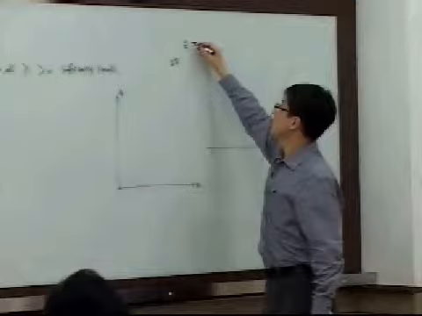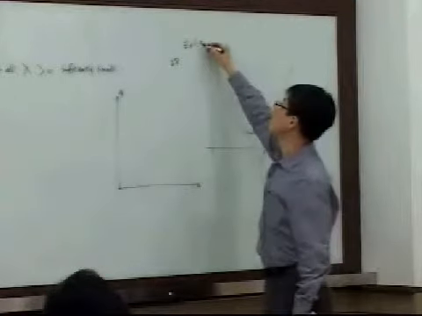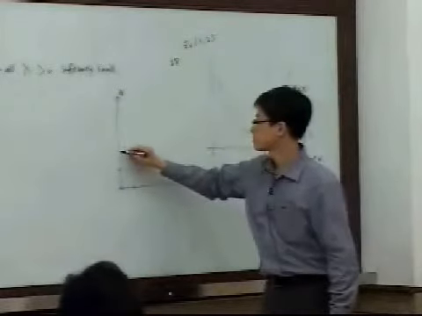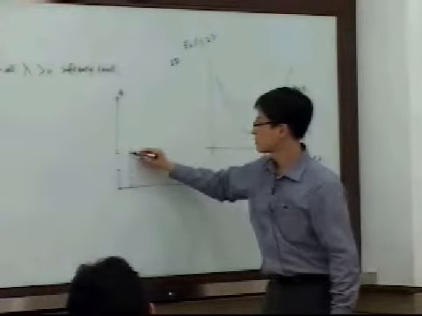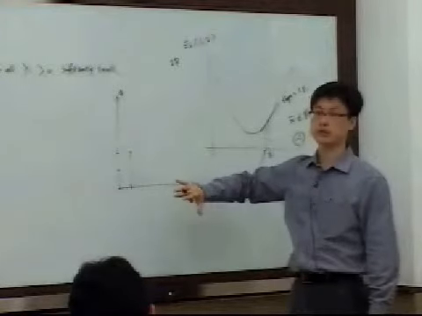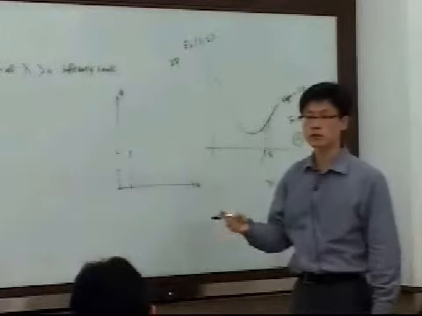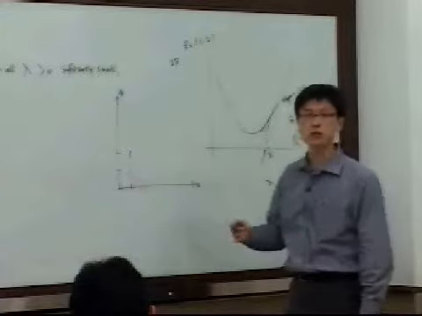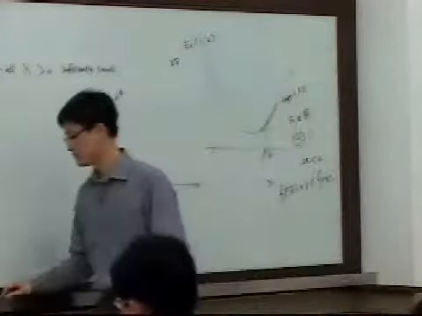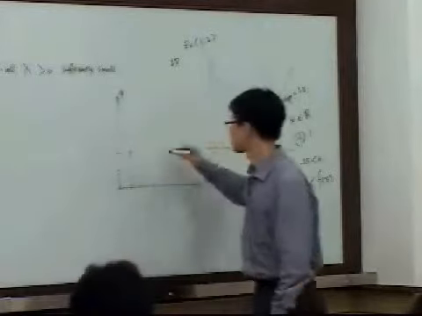This x bar is, for example, 1.2 or something like that. This f is a surface function, so in order to depict this kind of surface function, let's draw some contours.